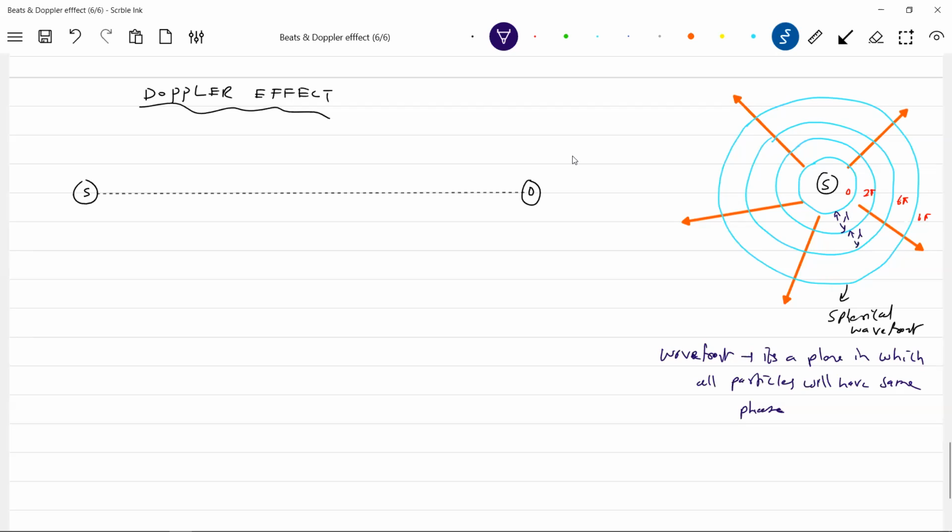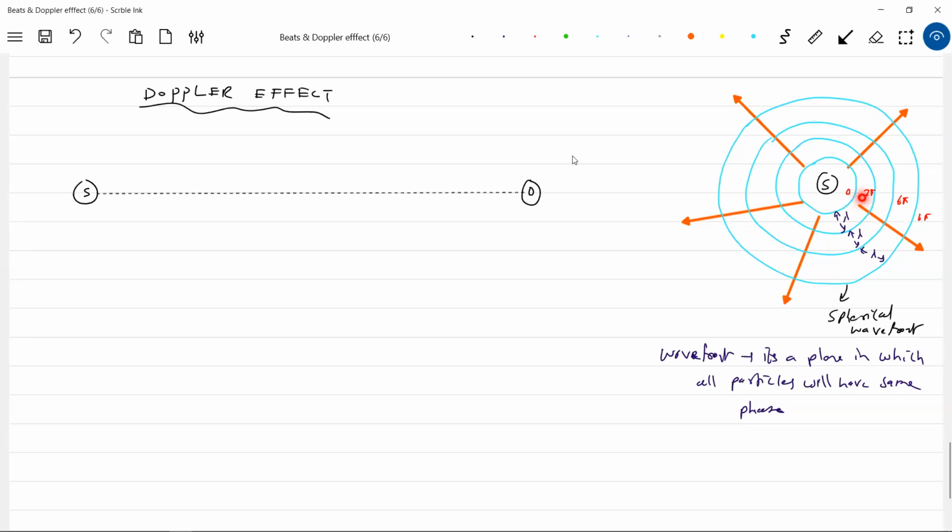All points here will have 0 phase. All points in this wavefront will have a phase of 2 pi. What is the distance between 2 points having the same phase? 0 and 2 pi are the same; both will be at mean position moving in the same direction. So that will be called lambda. So if I draw spherical wavefronts, the distance between wavefronts will become lambda.